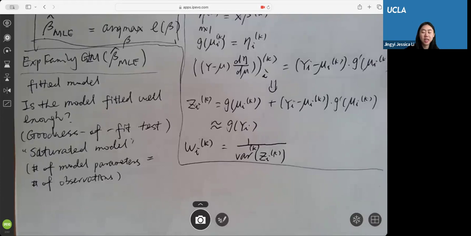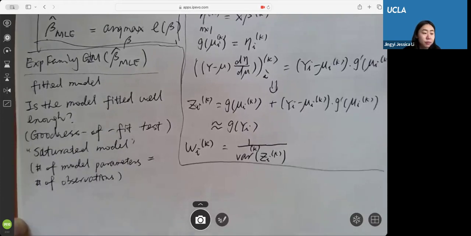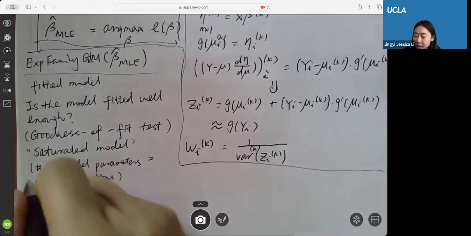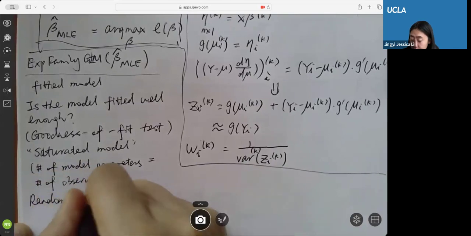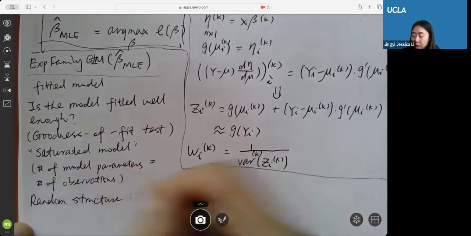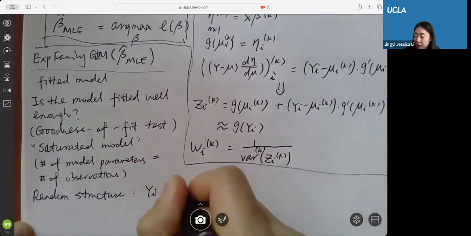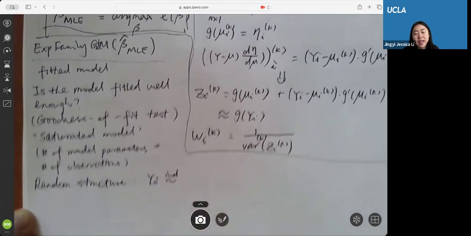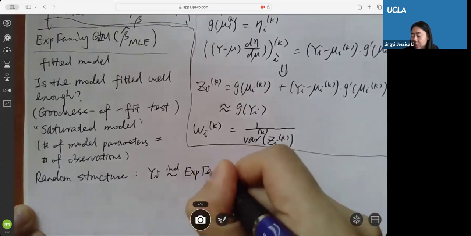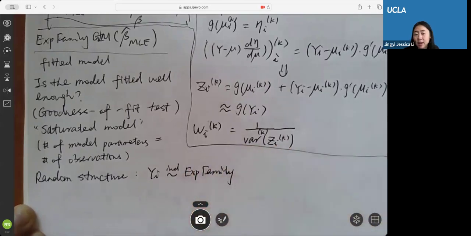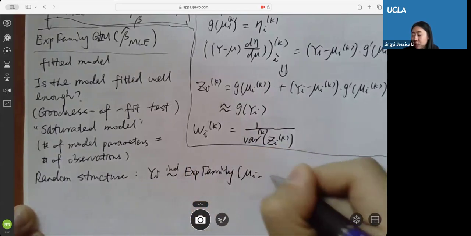So in the GLM case, what is a saturated version of the model? We go back to the two-layer structure, starting with the random structure. We say that y_i independently follows its own distribution, in our case an exponential family distribution, with mean mu_i and some parameter phi.